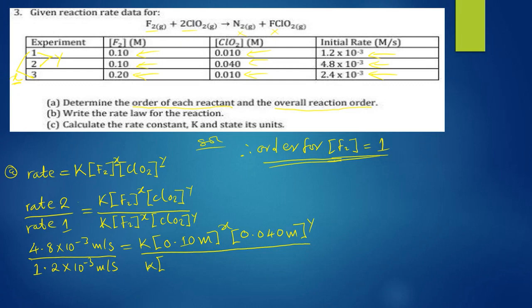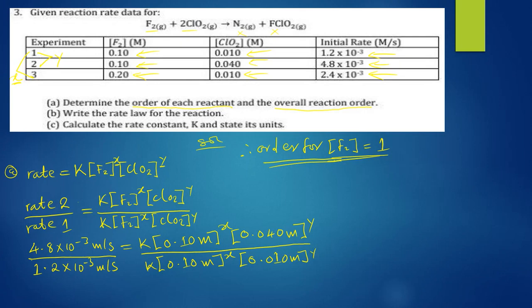The concentration for fluorine on experiment 1 is 0.10, like that, raised to x power. And then you're having the concentration of chlorine dioxide to be 0.010, like that.